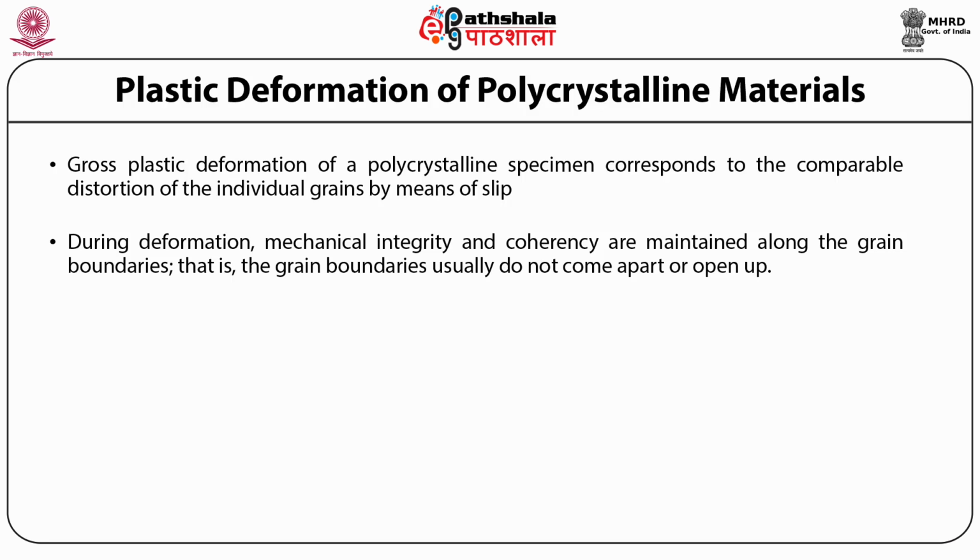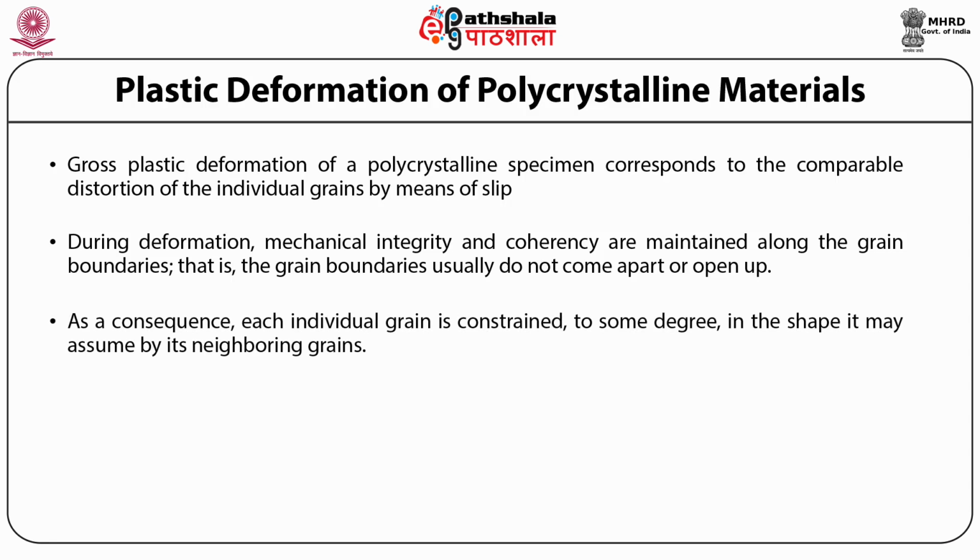That is, the grain boundaries usually do not come apart or open up. As a consequence, each individual grain is constrained to some degree in the shape it may assume by its neighboring grains, the direction in which the specimen was extended.